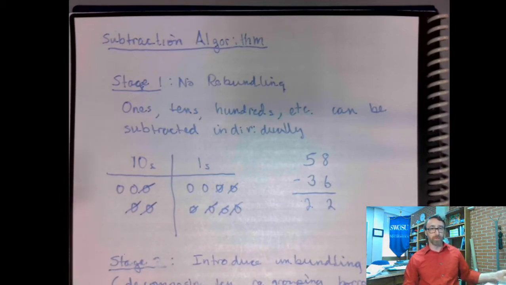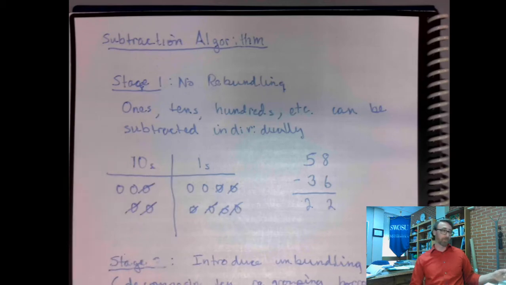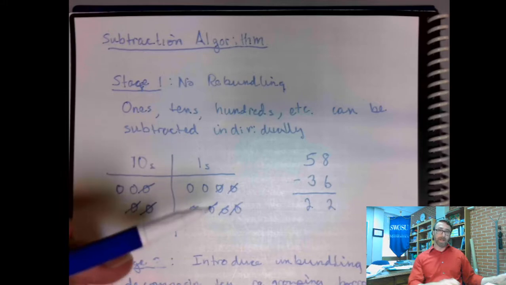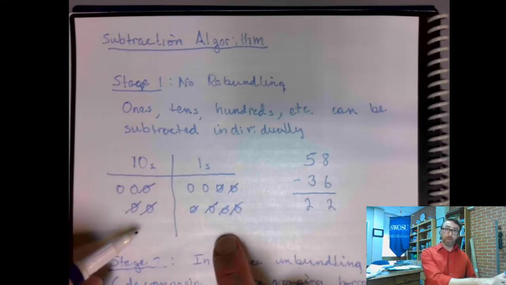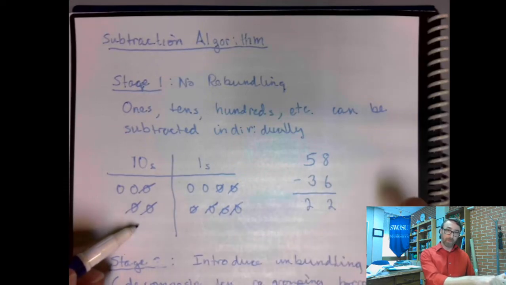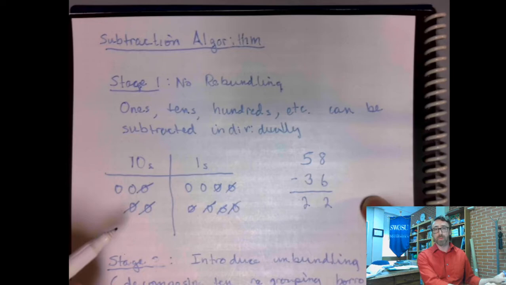Okay, so remember, the chip model is supposed to show us how we're getting the answer. So this is the first stage that we would work with students on using the subtraction algorithm. And remember, the goal is we start out with the chip model, but we want to get them to using numbers only.